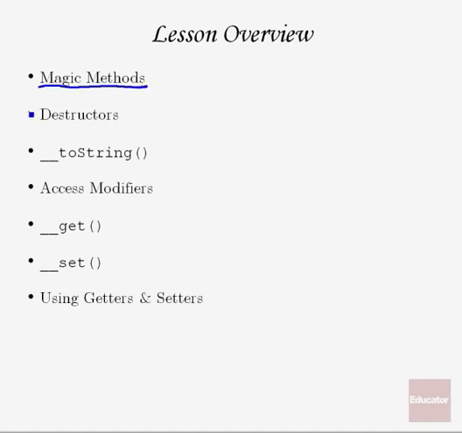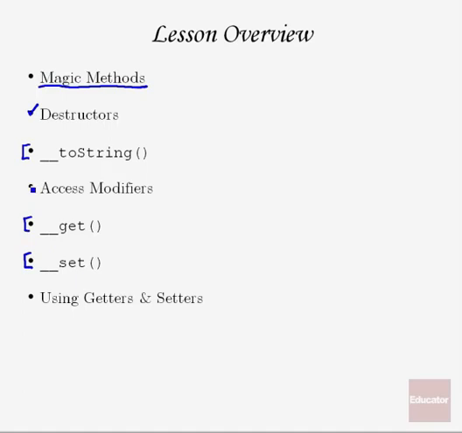We're going to talk about what are known as destructors, which in PHP is a special magic method. Then we're going to talk about three different magic methods in PHP: __toString, __get, and __set.